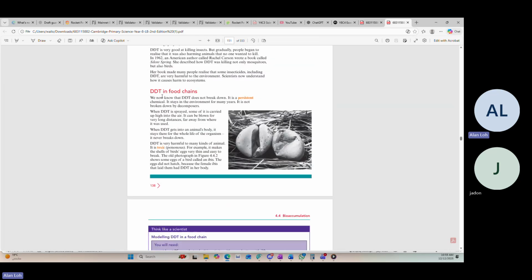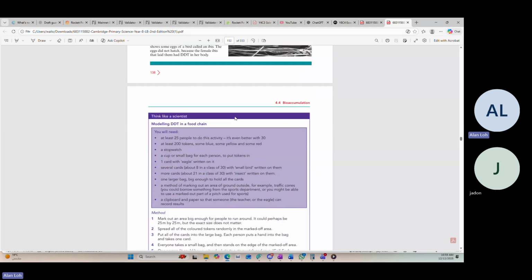And what happened? The DDT affects this bird called ibis. The body of the ibis has more and more concentration of this DDT, and their eggshell is very thin. When it's too thin, the eggs will not survive to become chicks, right?